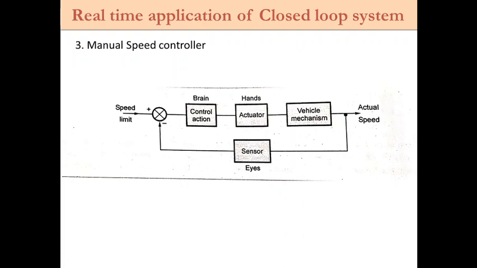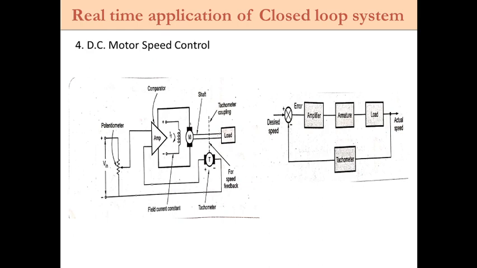Okay, then the next one is DC motor speed control. So this is the circuit diagram and this is the block diagram. In the case of a DC motor, it is used where the field current is kept constant and the armature voltage is changed to obtain the desired speed.